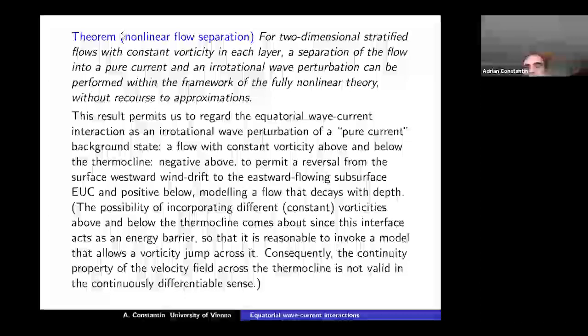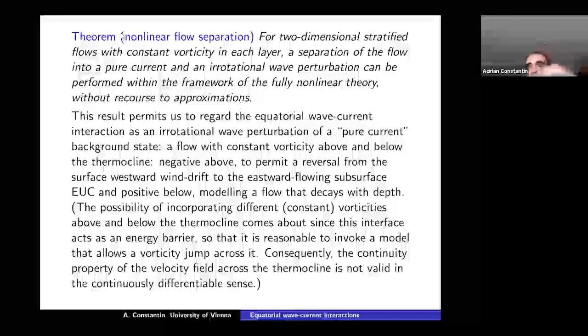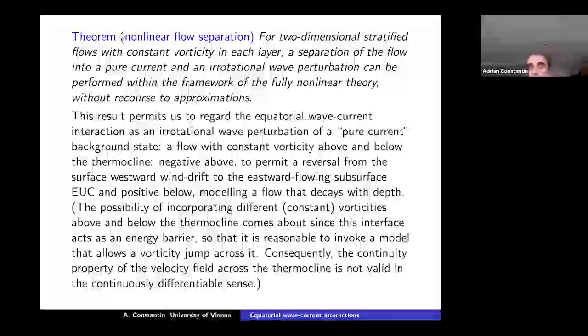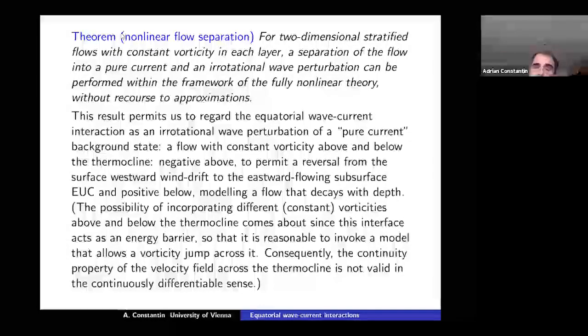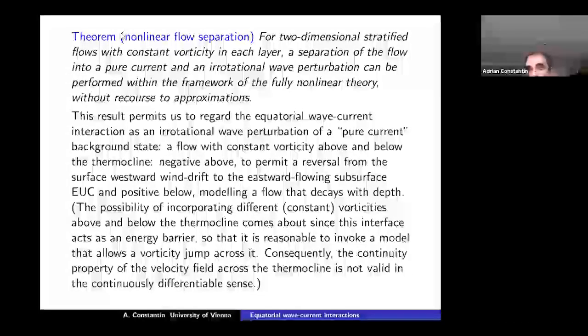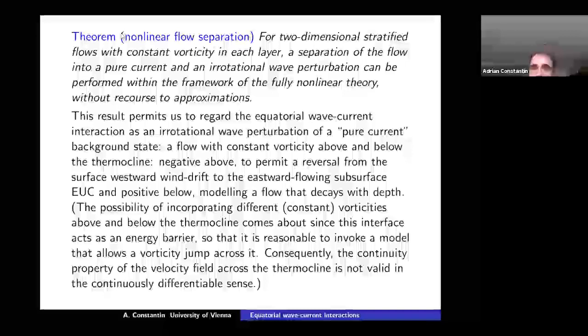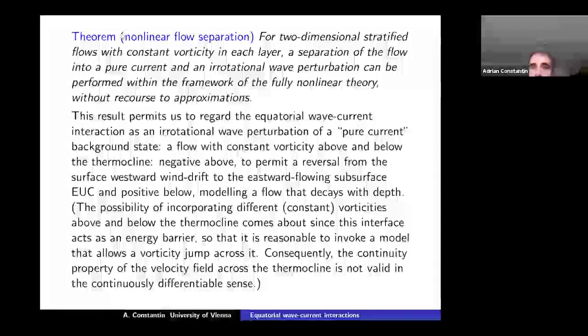And the simplest setting that would be realistic would be to have constant vorticity in each layer. Because the shear is different in the two layers, you need at least two different values for the vorticity. So the simplest setting that would capture the essence would be constant vorticity on top, and constant vorticity below the thermocline.